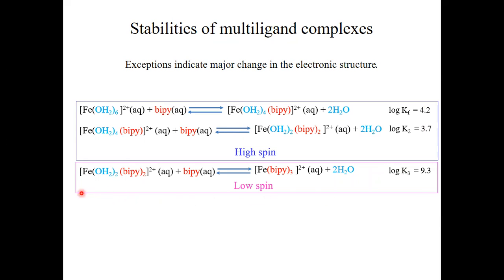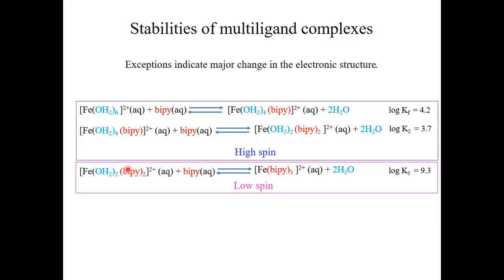complex. We transition from a high spin complex to a low spin complex because our bipyridyl ligand is a strong pi acceptor, and because of the pi acceptor properties, our delta O increases, and upon the third substitution, our delta O is large enough that the spin pairing energy is being overcome, and we transition from a high spin complex to a low spin complex.